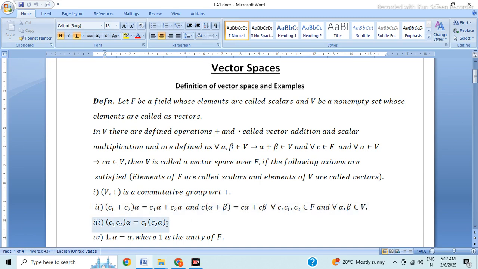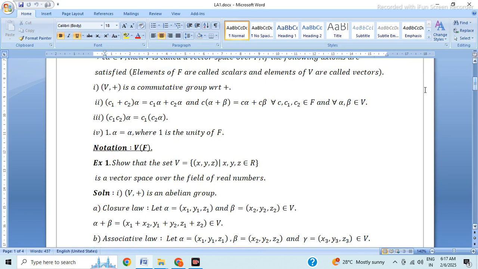Third condition, (C1 C2) alpha is C1 into (C2 alpha). Last condition, 1 into alpha is alpha, where 1 is the unit element or unity of F. We usually denote the vector space by V of F, where V is a vector space and F is a field.